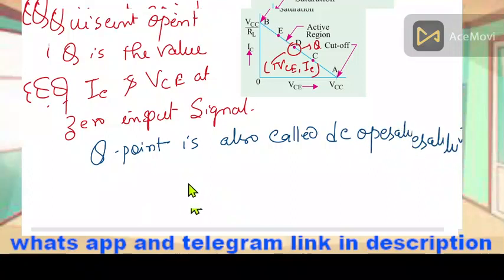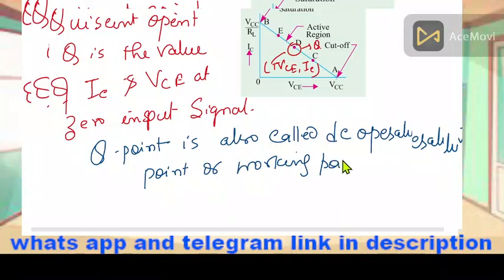It determines the working of the transistor, how it will work. It will work as an amplifier or not. These two terms are also used for the analysis of DC. Quiescent. So this is the definition.